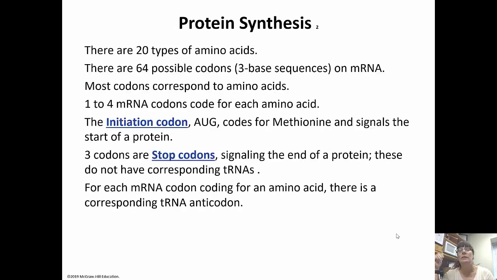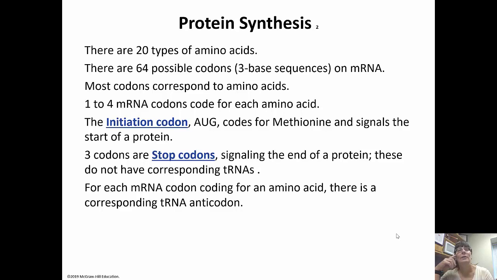Now there are 20 types of amino acids. We have 64 possible codons. Most codons correspond to amino acids. 1 codon will code for each amino acid, but sometimes there could be a few codons for a particular amino acid. We do have a few things that are set though.